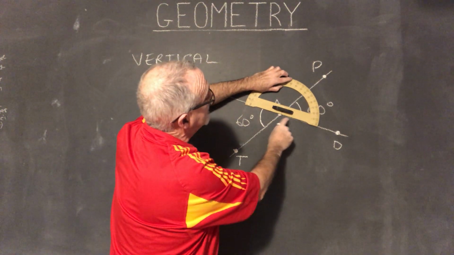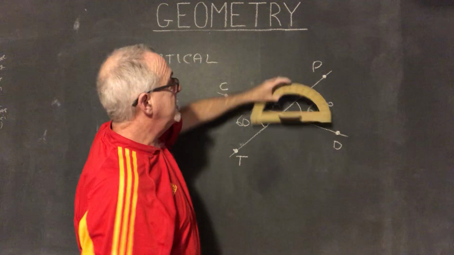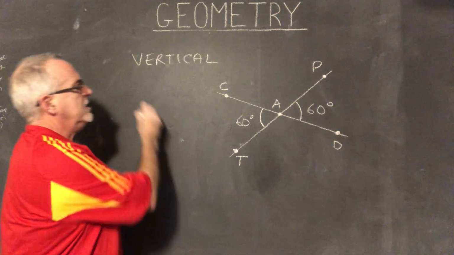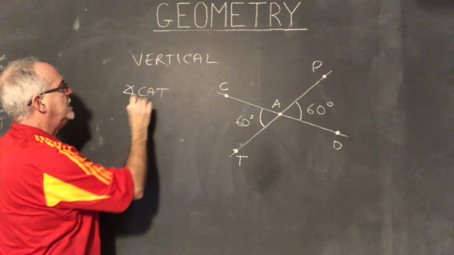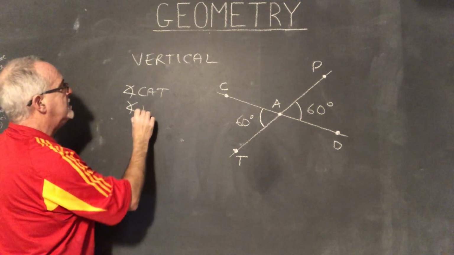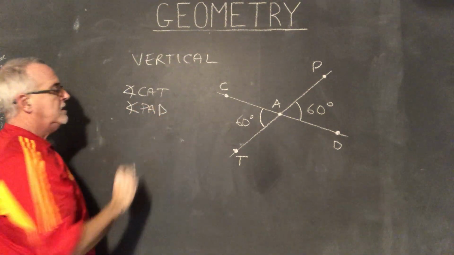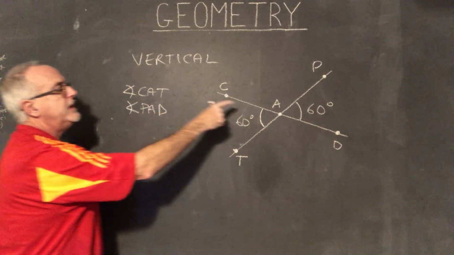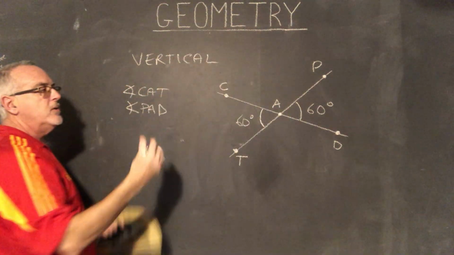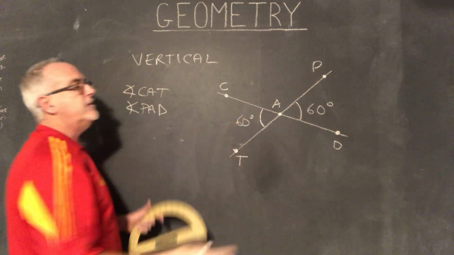And there's my protractor baseline, 60 degrees. I made angle CAT and angle PAD, and they're both equal to 60 degrees because they're opposite to each other in a set of vertical angles.